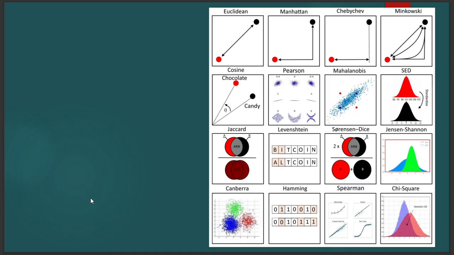Here is the similarity metrics list you can see: Euclidean distance, Manhattan distance, Minkowski, Chebyshev, Cosine, Pearson, Jaccard, Sorensen-Dice, Canberra, Hamming, and others.